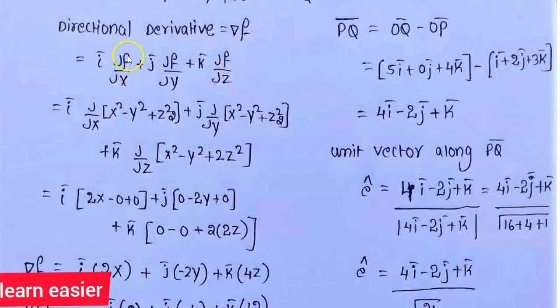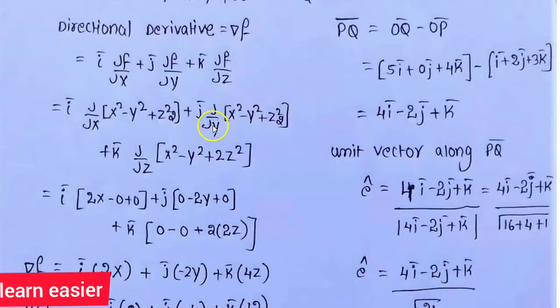After substituting the function f in this equation, we differentiate it with respect to x, taking y and z as constants. The derivative of x square is 2x, and the other two terms do not contain x, so their derivatives are zero.